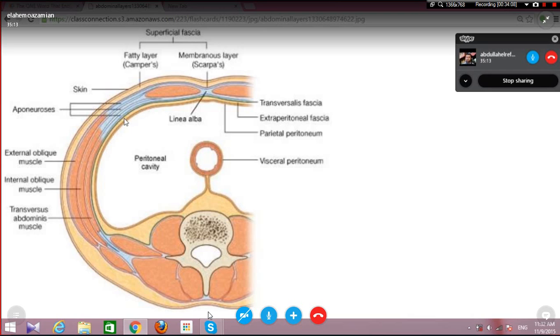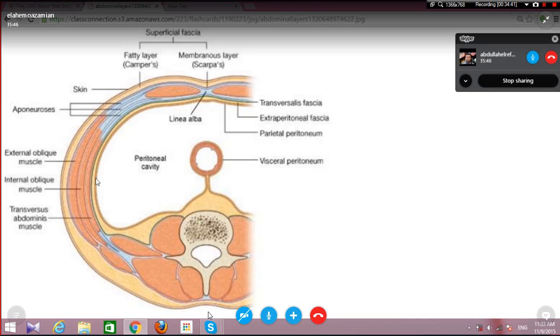When this fascia is in contact with, or internal to, the transverse abdominis, it changes its name to transversalis fascia. So endo-abdominal fascia is everywhere inside the cavity, but where it is behind the transverse abdominis, it changes its name to transversalis fascia.